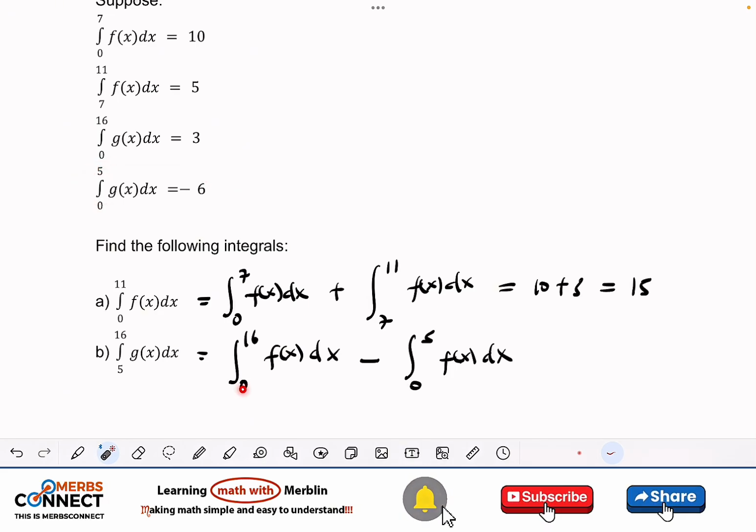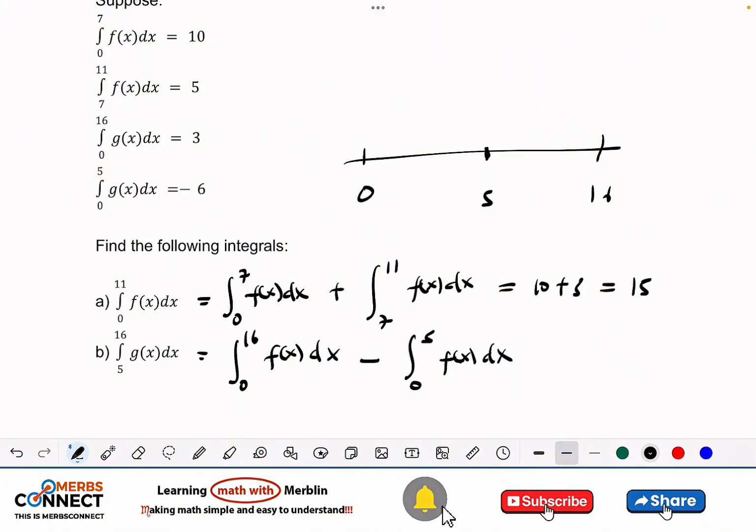Why? Because if you do from 0 to 16, let me just draw a line here. You are moving from 0 to 16, but we want to just do from 5 to 16, right?